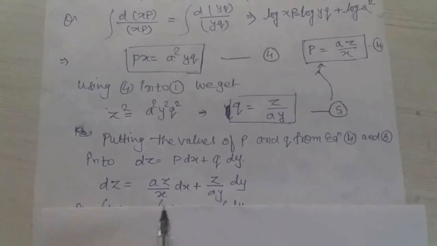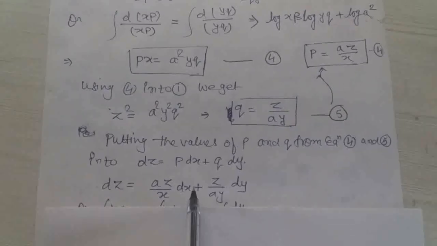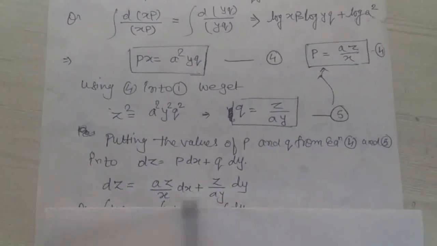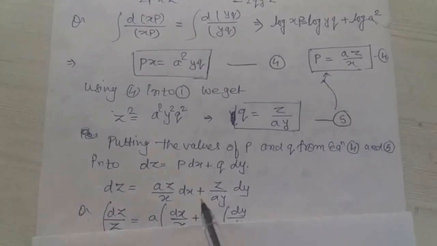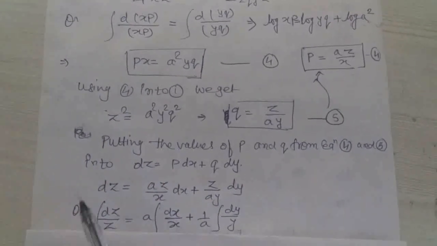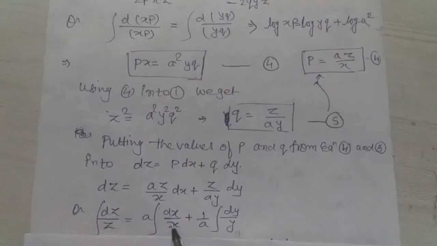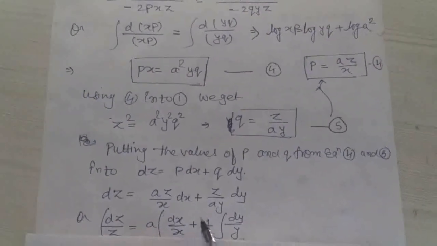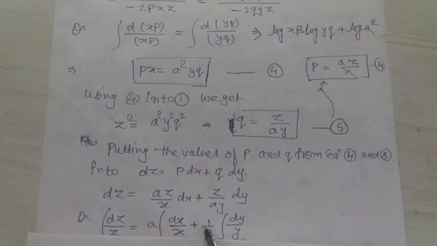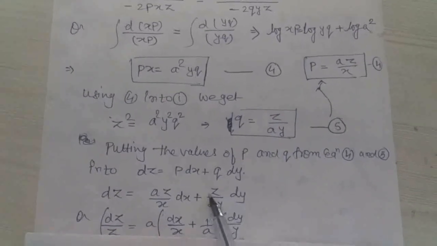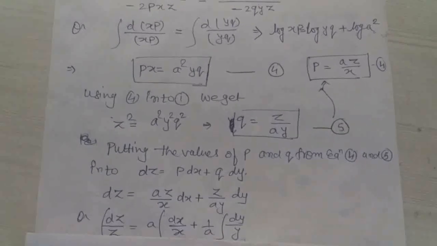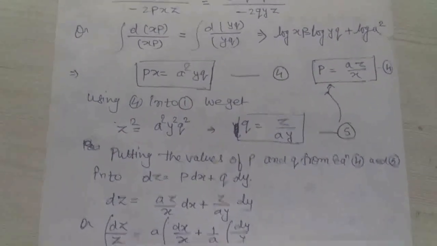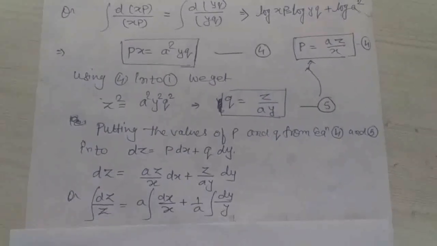To integrate this, we have to separate the variables. So here we divide the whole equation by z. We get dz by z equal to a dx upon x plus 1 upon a dy upon y, since z cancels and a is constant. So the variables are separated, and therefore the solution can be obtained by integration.